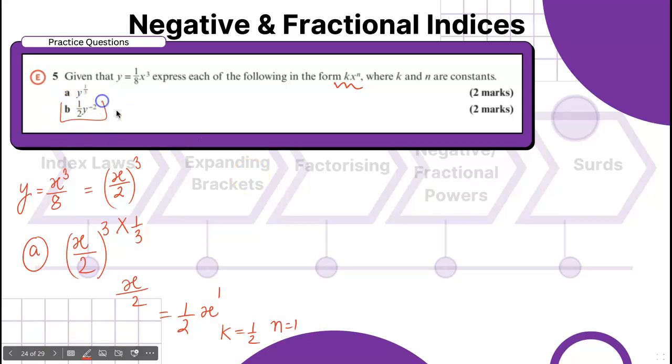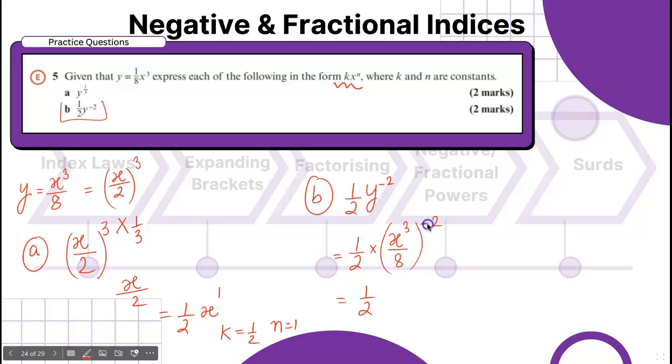For the B part we have a half y to the power of minus 2. Okay, so it's squared and inverse, you can think of. So we're going to be writing a half times y. What y is basically x cubed over 8 to the power minus 2. What we learned, we are going to be implementing it here.